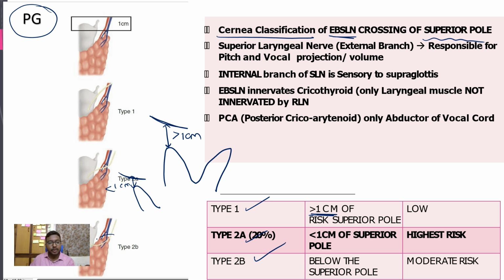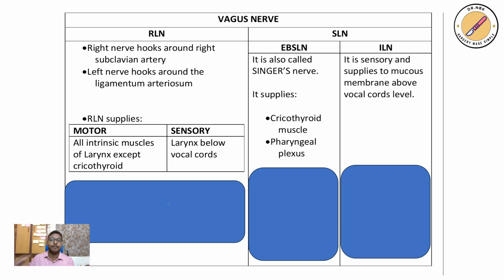Whereas in type 2B, you can see here in the picture, the nerve is passing below the superior pole of the thyroid gland. Now you need to understand, usually when we are ligating the superior thyroid pedicle, we will be ligating at the level of superior pole, just above the level of superior pole. That is why type 2A has got the highest risk of injuring the EBSLN. Okay. So one important point we need to understand is type 2A of Cernea classification has got the highest risk of EBSLN injury. Right.